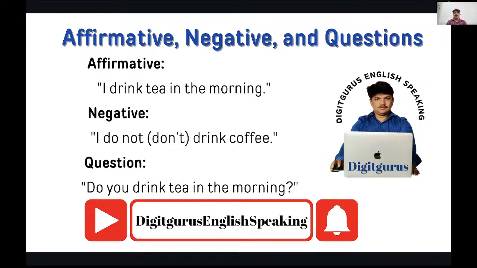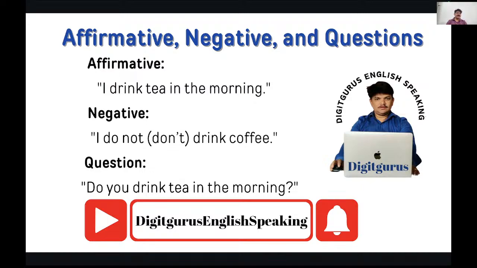So we must learn all these types, that is affirmative, negative, interrogative, thereafter interrogative negative, like this. So there will be four types of sentences we are going to learn here.